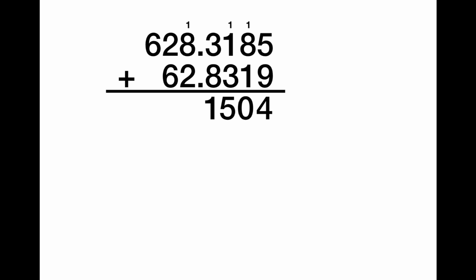Carry the 1. 8 plus 2 is 10, plus 1 is 11, so carry the 1. 2 plus 6 is 8, 9. And then we can imagine an imaginary 0 right there, so 6 plus 0 is 6. So we can add the decimal. There we go. So we have 691.1504 is the surface area for that cylinder.